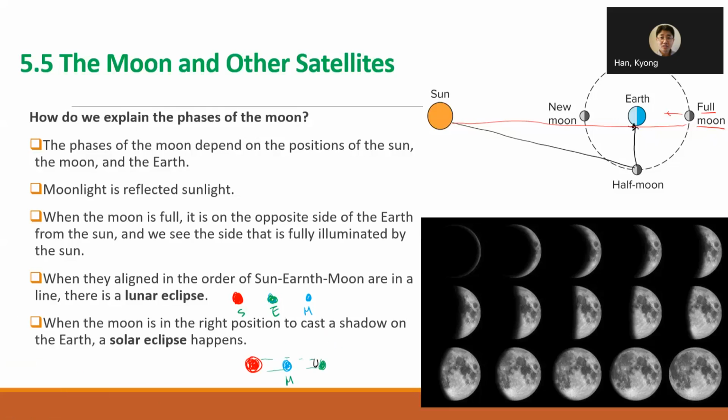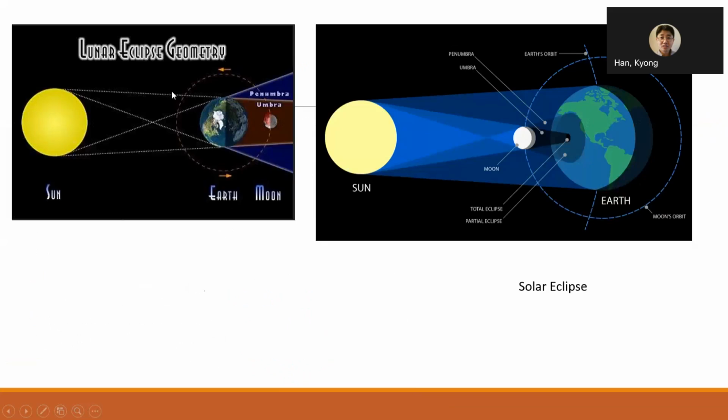This is the solar eclipse. This is the lunar eclipse geometry, and this is a solar eclipse. You can see the sun, the Earth, and this kind of shadow. Even in daytime, it's a really big shadow. Humans here suddenly find it dark during the daytime, like night.